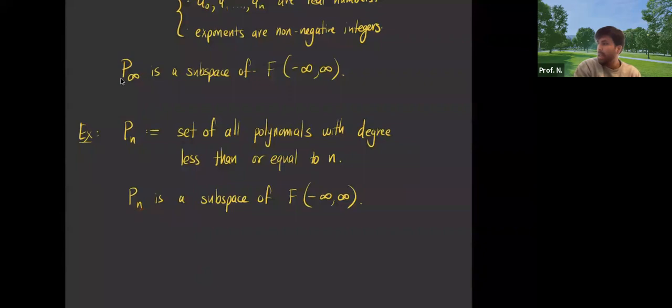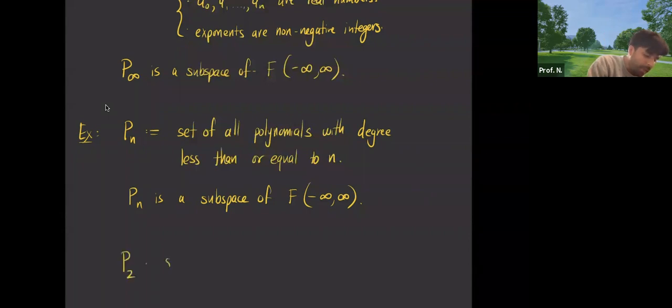Pardon me, my dog just barks. So Pn is a subspace of F, and it's the set of all polynomials with degree less than or equal to n. So for example, what is P2?